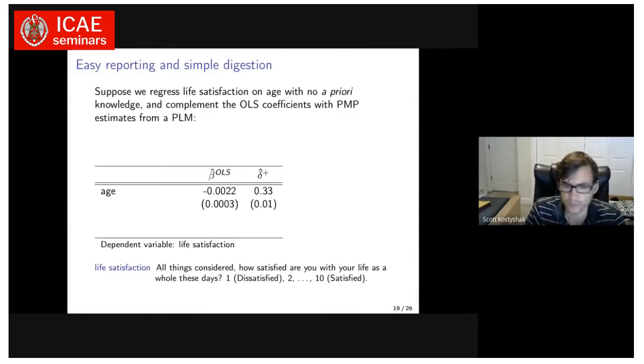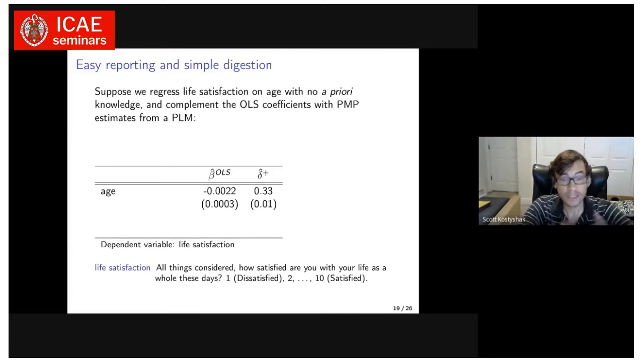It's on a scale from 1 to 10, so again, larger values are better. If we just regress life satisfaction on age with OLS, we get minus 0.0022. Now that's very small, right? Even though age goes from 0 to more than 100, that's not a large effect considering the range of life satisfaction is from 1 to 10.